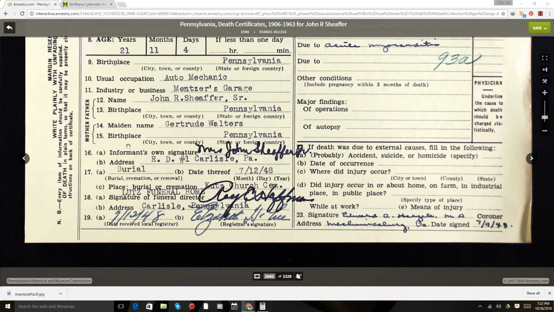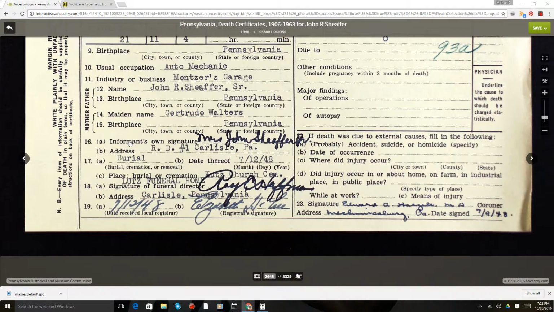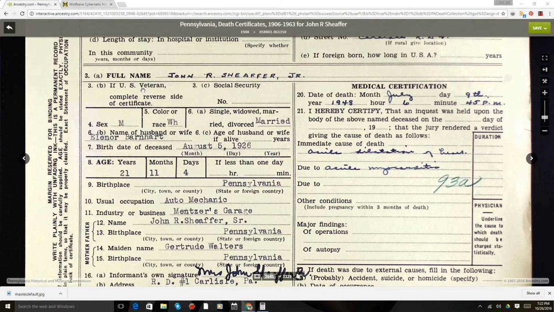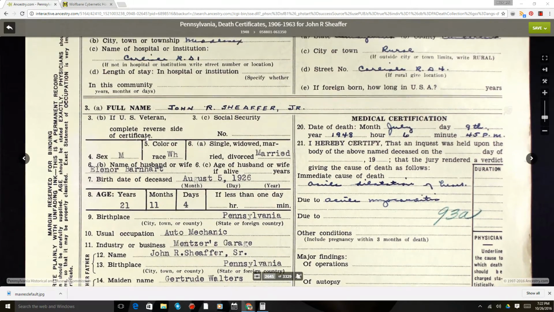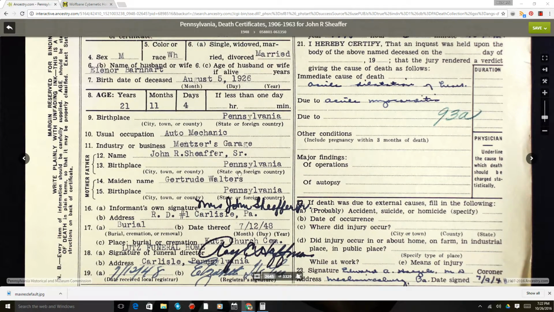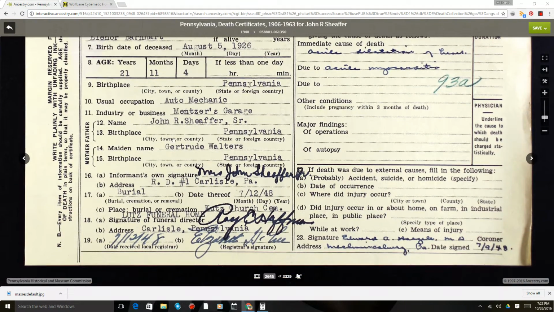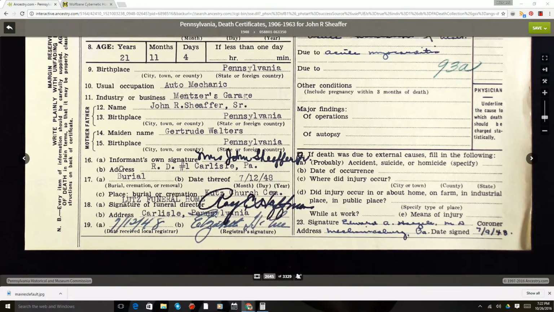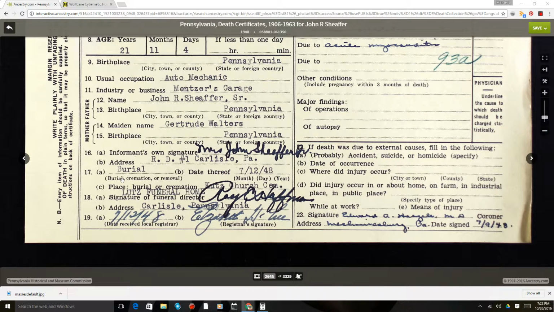So that kind of makes you disappointed that you can't narrow all this down to a town. But we do know that this all occurred in Carlisle, and that's a big name area for the Schaeffers. So I would assume that they're probably from the general area. That's just on my end, since I know the area.